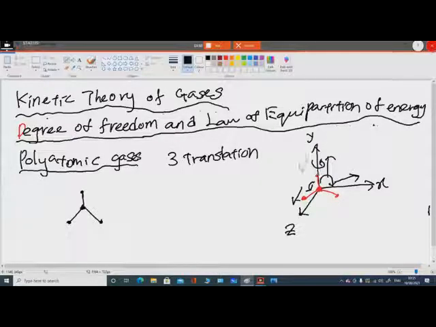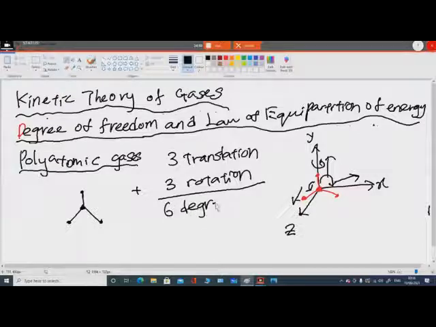So we can conclude that there are three translations as well as three rotations, and finally we get 6 degrees of freedom. Alright, so this is the degree of freedom for polyatomic gases.